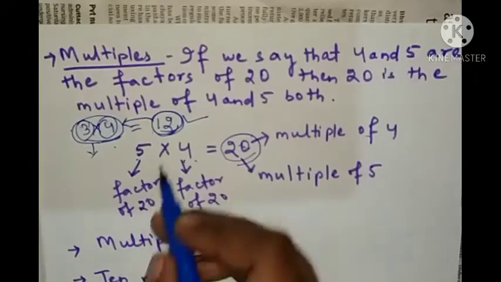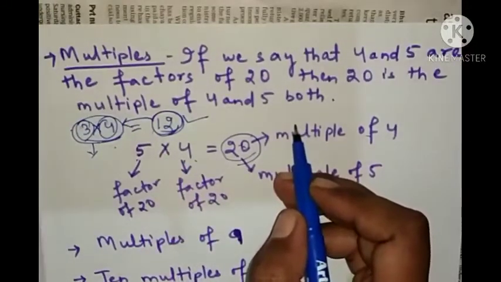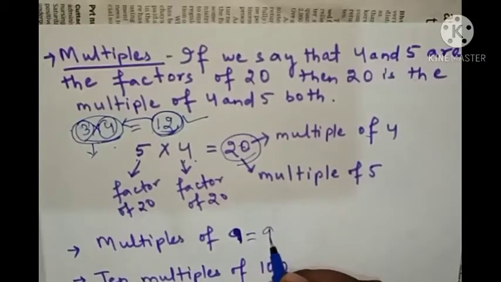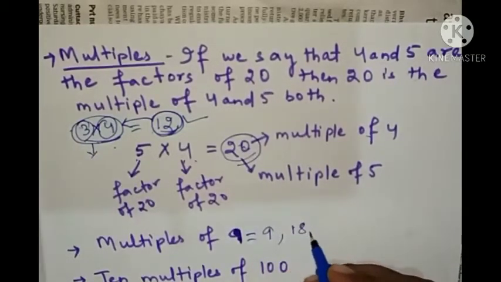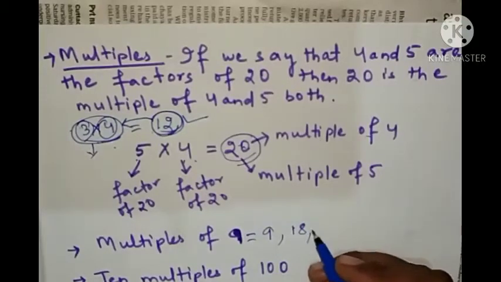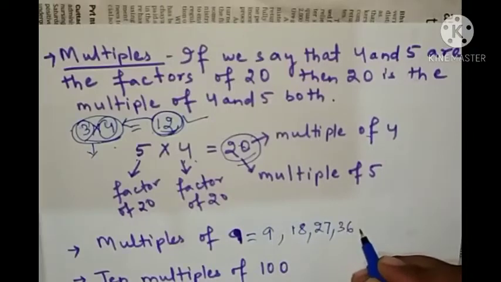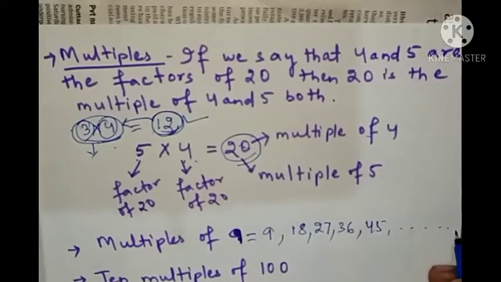So you can find the multiples of any number, like multiples of 9. 9 ones are 9, 9 twos are 18, 9 threes are 27, 9 fours are 36, 9 fives are 45. Like that it will go on.